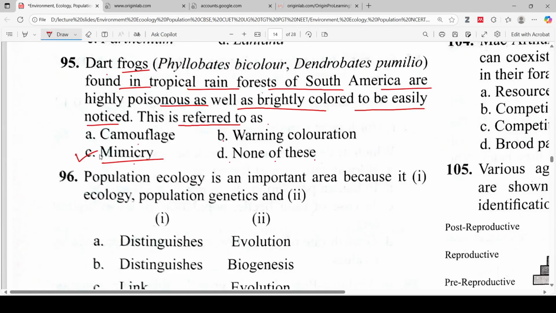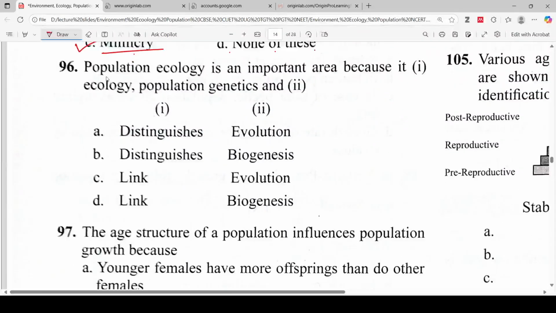So next question, population ecology is an important area because it links ecology, population genetics, and evolution, distinguishes evolution, distinguishes biogenesis, links evolution, links biogenesis. So the correct answer is option C, links evolution.